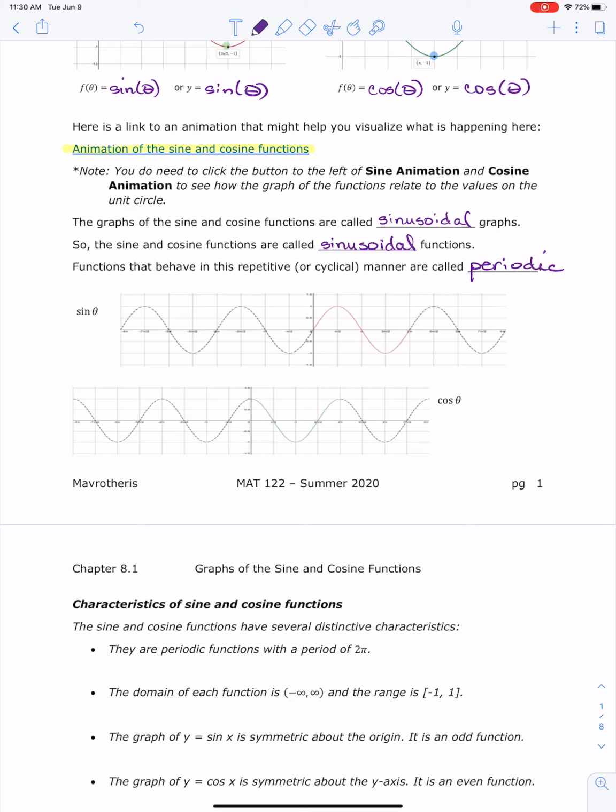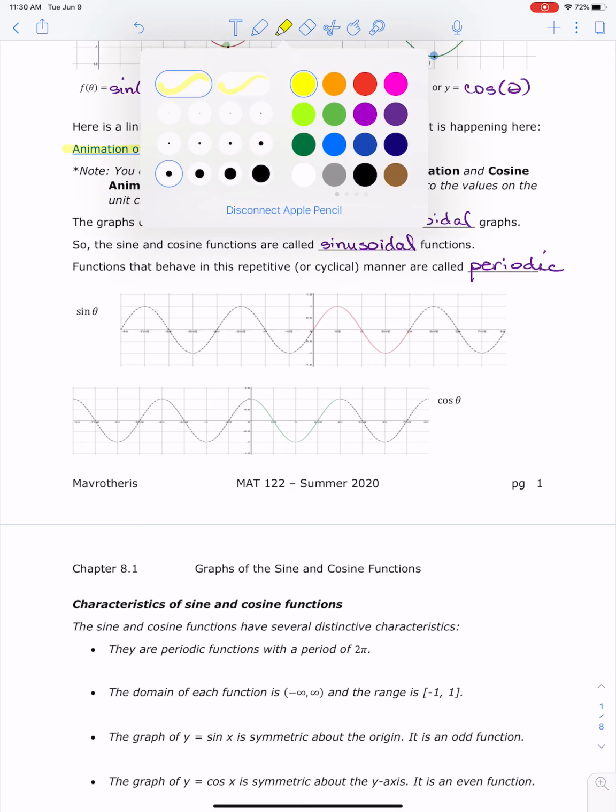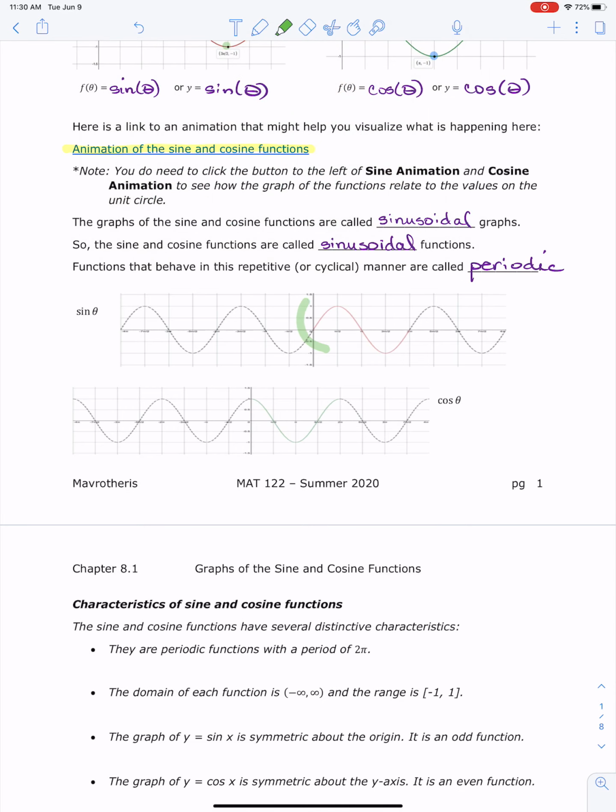You'll notice at the bottom of page 1, I've got this little graph from before, but it's been expanded out beyond one period or one cycle. These continue because we can rotate around the unit circle as many times as we want. We can plug in those angle measures and they can go on forever. But as long as you know what it looks like in one period, you can graph the whole thing.